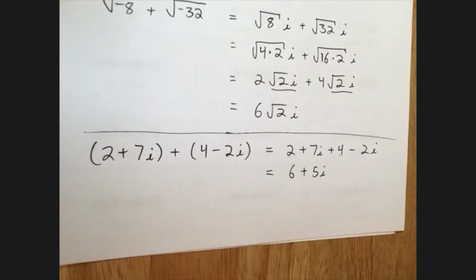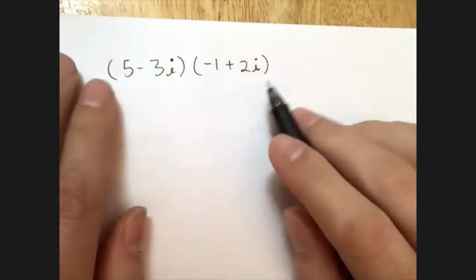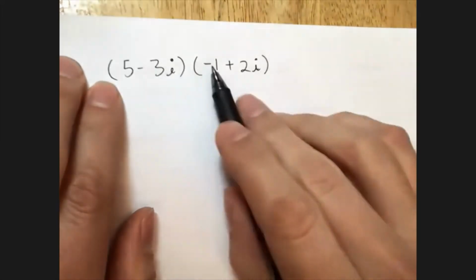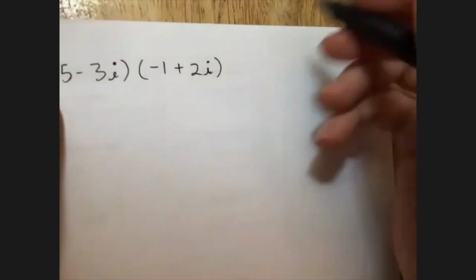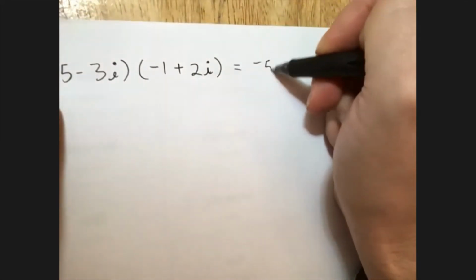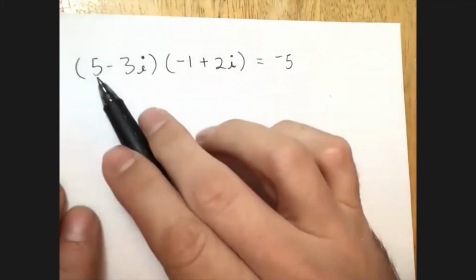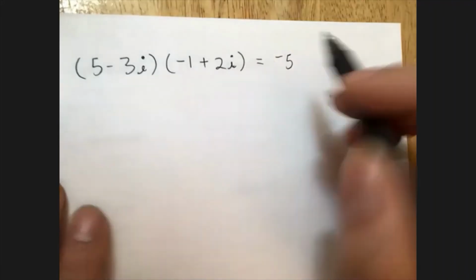We can also multiply these. You multiply this just like you were multiplying two polynomials. All right, so you take 5 times negative 1. That's negative 5. You take 5 times 2i. That's 10i.